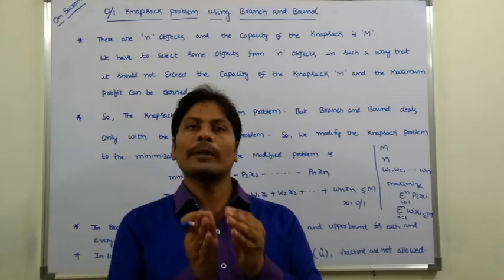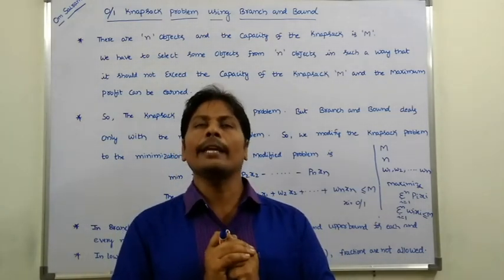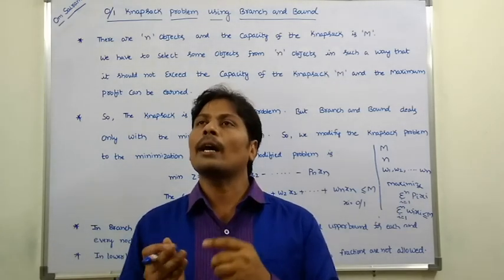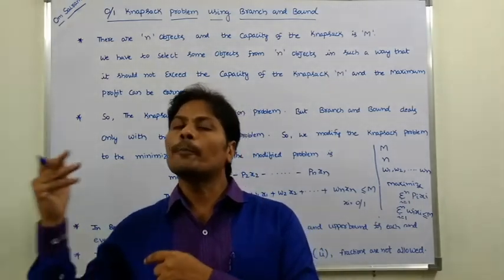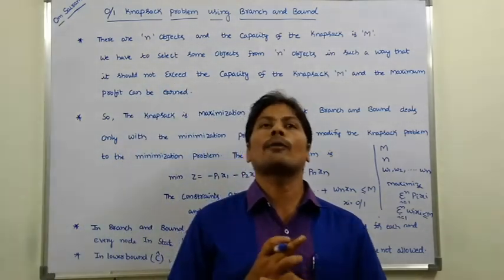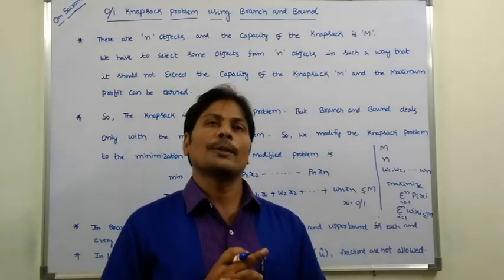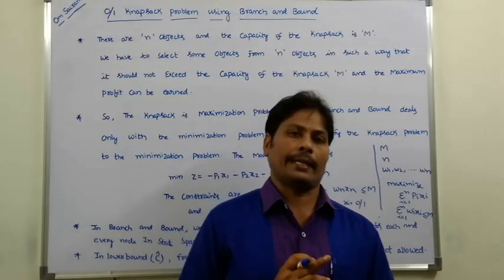So we get the minimized value. Finally, we convert the negative profit back into positive profit. In this way we solve the 0/1 knapsack problem using the branch and bound technique.